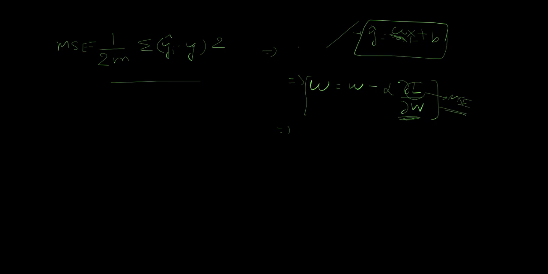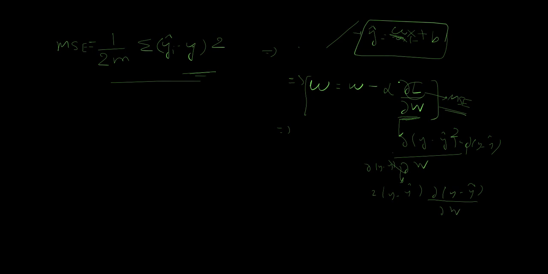Using the chain rule of differentiation, for the term (y minus y hat) whole square, the derivative will be 2 times (y minus y hat) multiplied by the derivative of (y minus y hat), which is minus x.